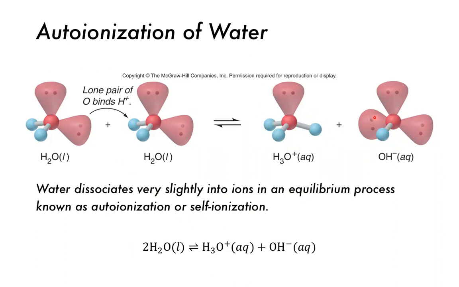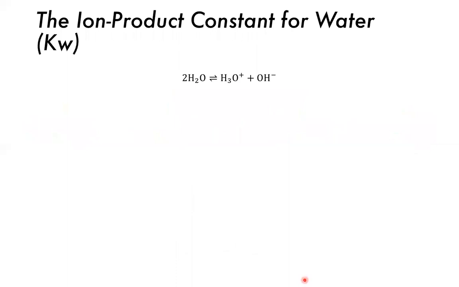Since we have both of these, they will react again with each other to reform water, but this reaction is happening continuously throughout our pure water, and it's enough to carry charge. So the ion product constant for water is Kw. Kw is analogous to Kc from our equilibrium constant.